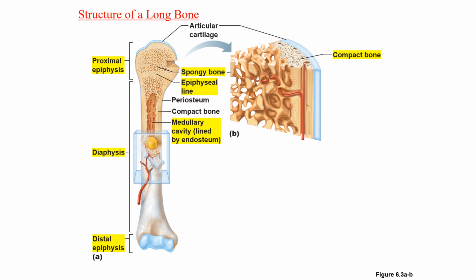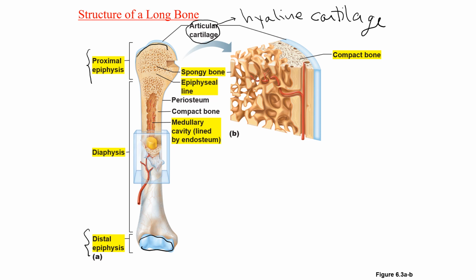The expanded ends of a long bone are called the epiphyses, proximal and distal epiphyses. The surface of the epiphysis is covered with articular cartilage, which is hyaline cartilage, structures that cover the ends of long bones where the bone articulates with other bones.